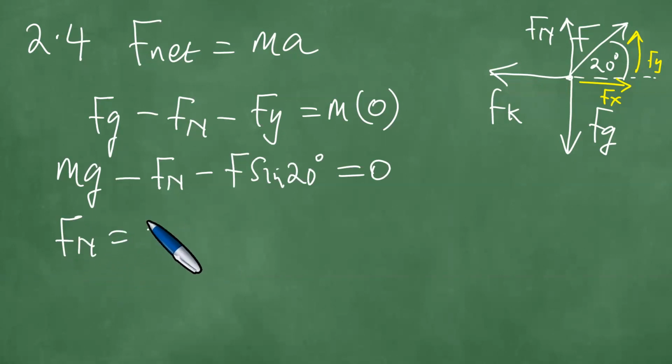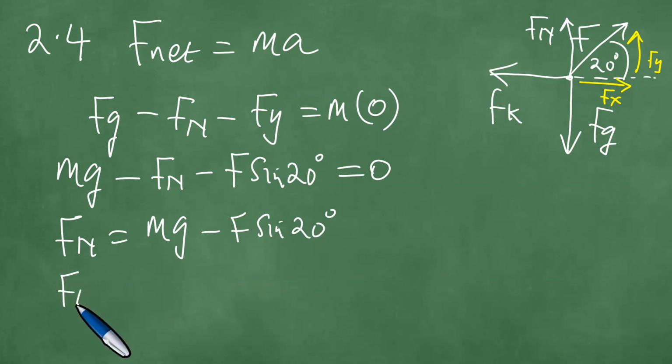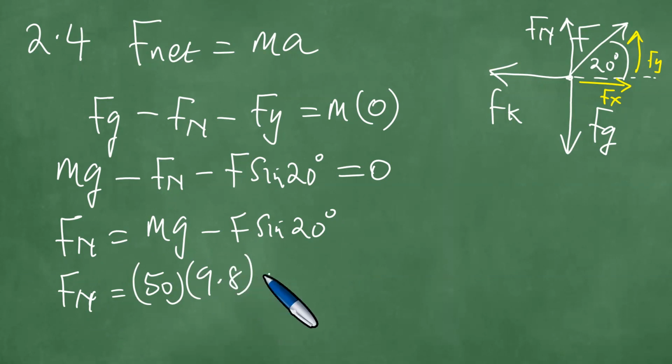So the normal force, therefore, is mg minus F sine of 20 degrees. The normal force now is the mass. What is the mass? 50 kilograms, 9.8 meters per second squared minus the applied force. Okay, can you do something here and say this sine 20? Sine 20 is about 0.34 F.